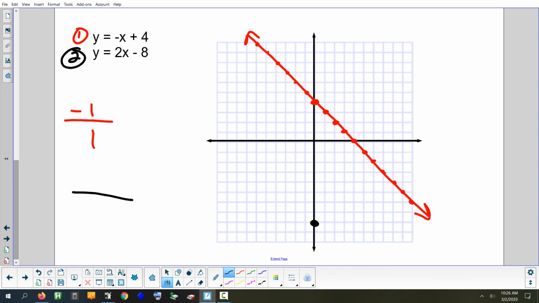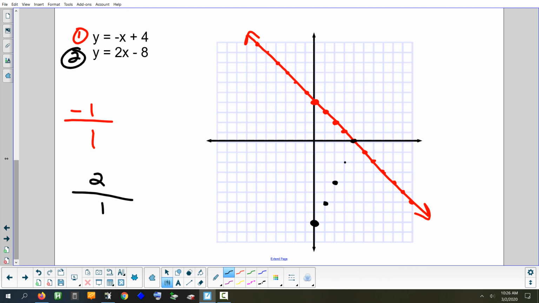Joe? 2 over 1, which tells me to go which way, how much, which way, and how much? Up 2, right 1. So up 2, right 1, and my hope is I hit that red line. Let's see what happens. Up 2, right 1, up 2, right 1, done.